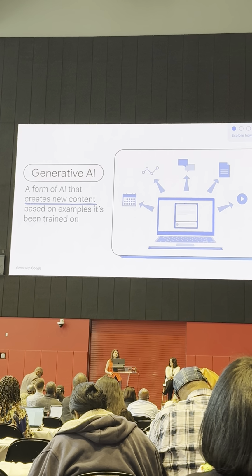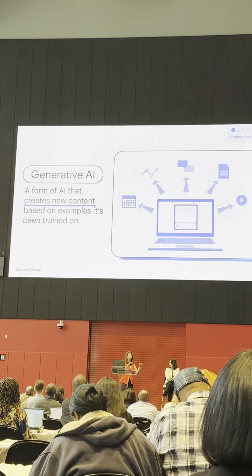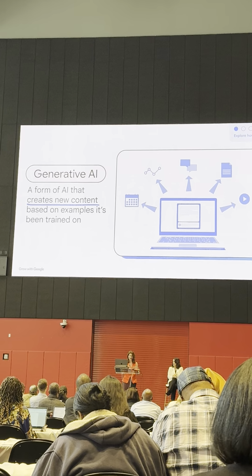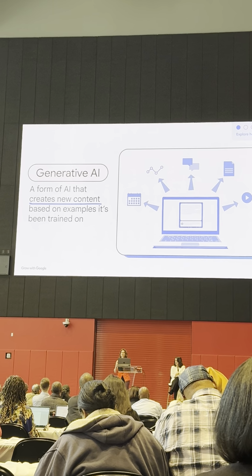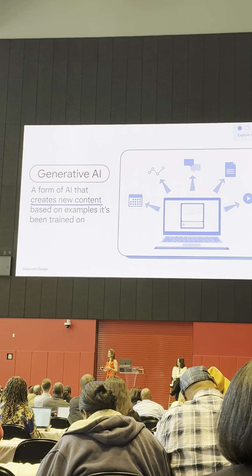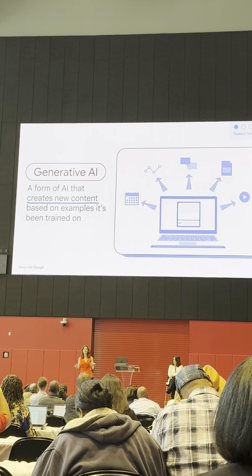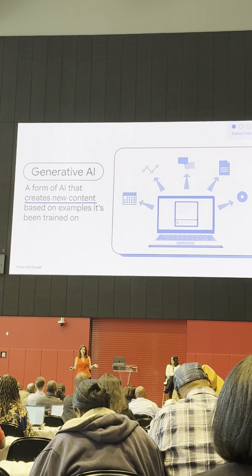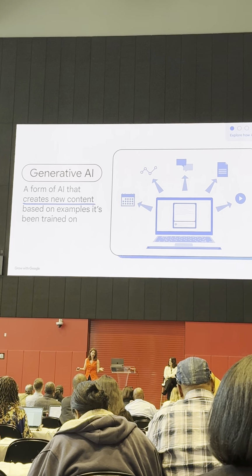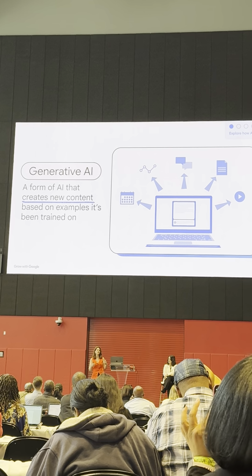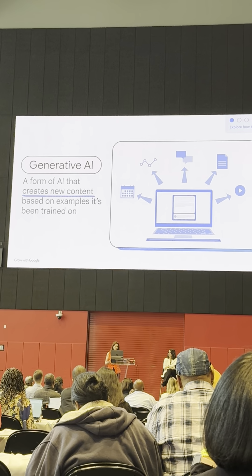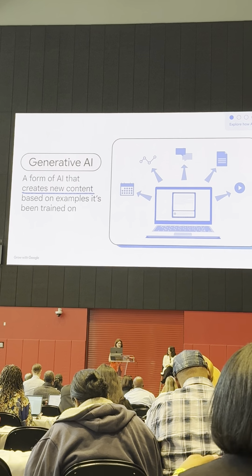Now, some AI models get so good at it that they can take it a step further and actually create content. That's what we are talking about when you hear generative AI, or Gen AI for short. And that is really the thing that is making this take off for businesses and organizations.